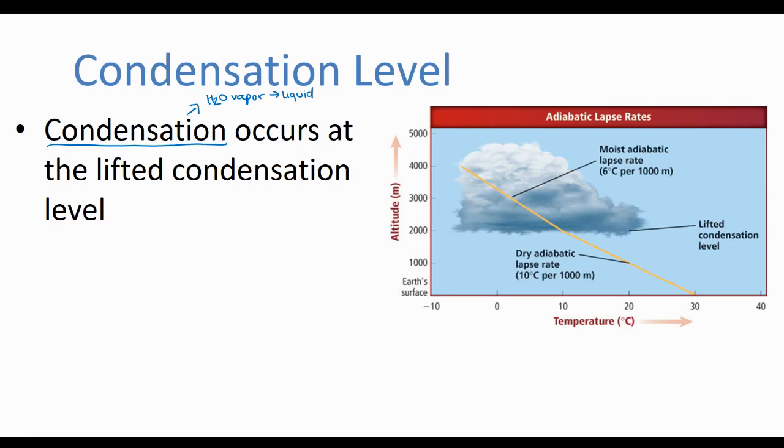A rising air mass cools as it rises because there's less pressure around it. Because pressure decreases as it rises, the air mass expands, which is adiabatic cooling, which we just talked about in the last slide.